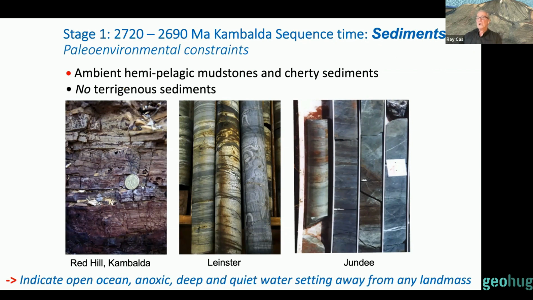Now, these are crucial to helping us understand what the paleoenvironment was at the time that not only sedimentation occurred, obviously, but also the environment into which volcanism occurred.